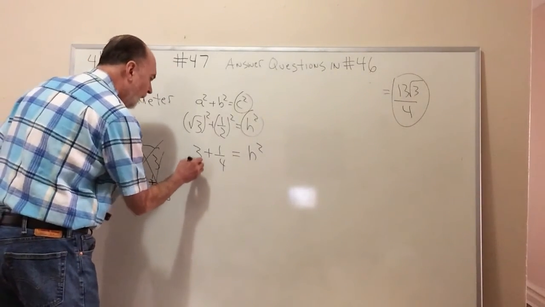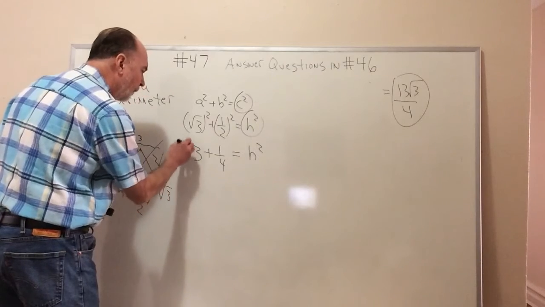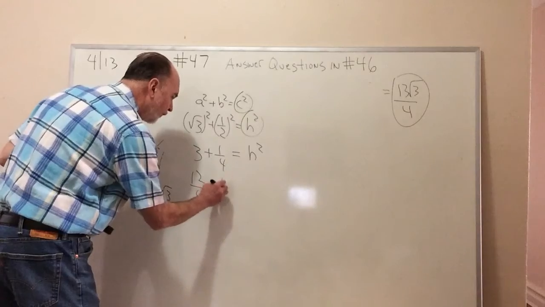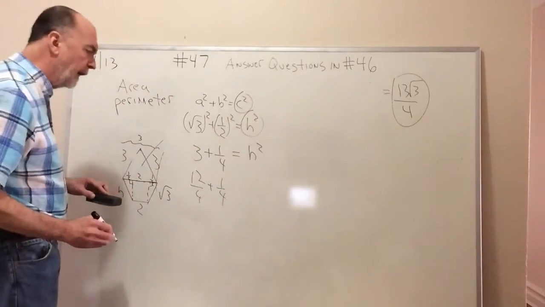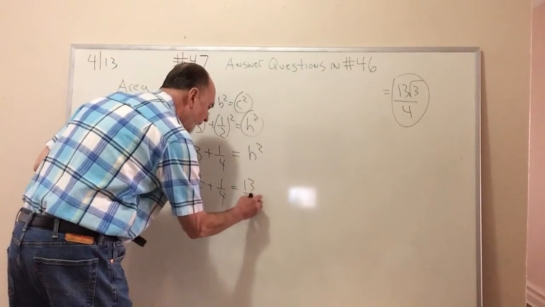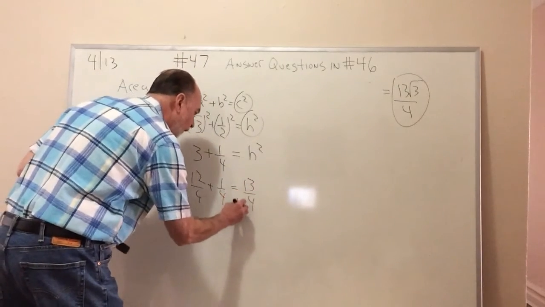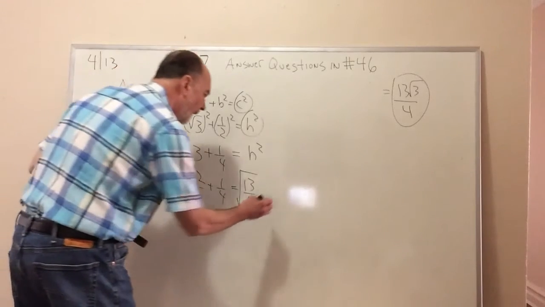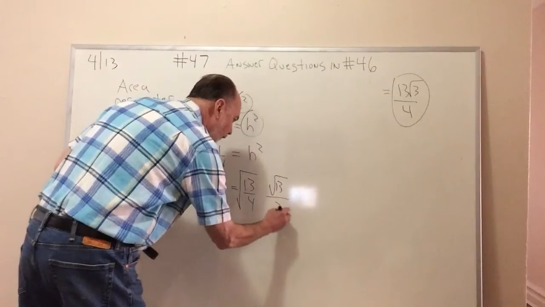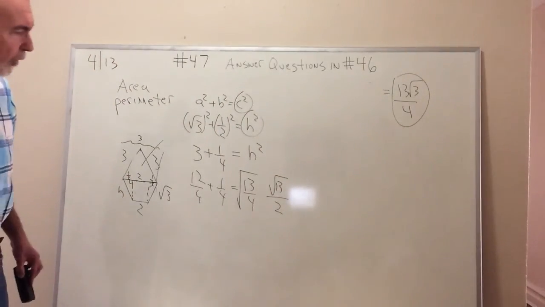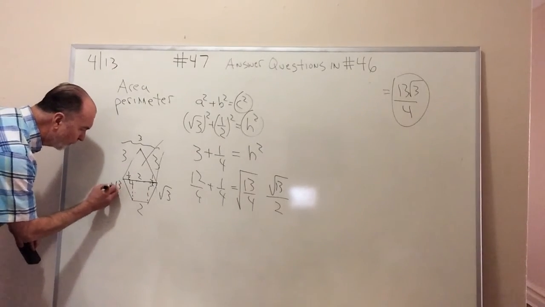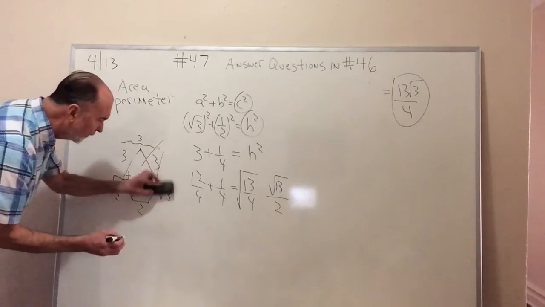Again, I rewrite, and if I multiply both sides by 4, I get 12 over 4 plus 1 over 4. You remember 6th grade, I presume. And that equals 13 over 4. Then I need to take the square root, put the hat on it, as we say, and I get radical 13 over 2. Well, I'm almost done. If this is radical 13 over 2, then this must be the same thing.